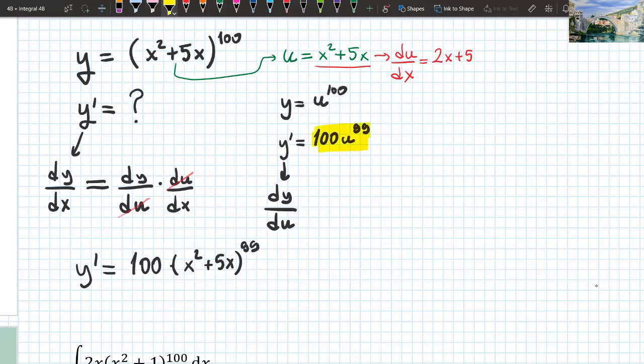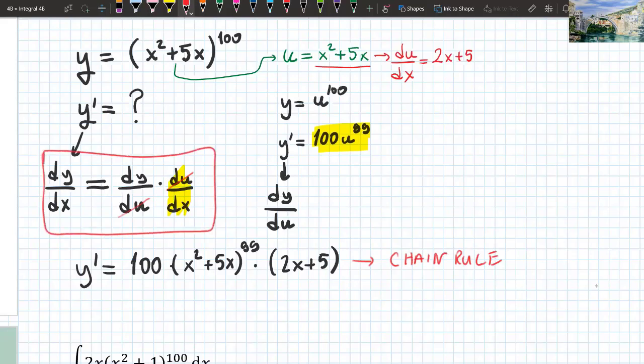Times what? Times the derivative of u with respect to x. So what is the derivative of u with respect to x? 2x plus 5. So this is the chain rule. We are calling this the chain rule, and this is the idea of the chain rule.